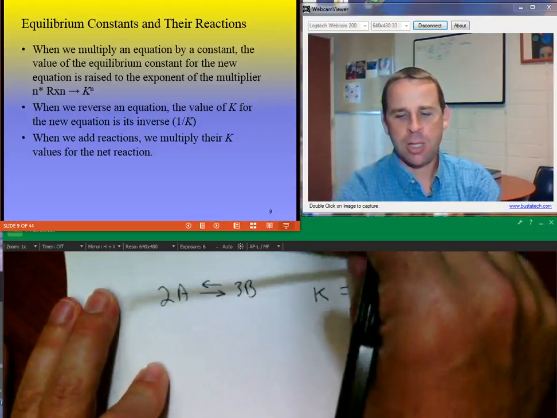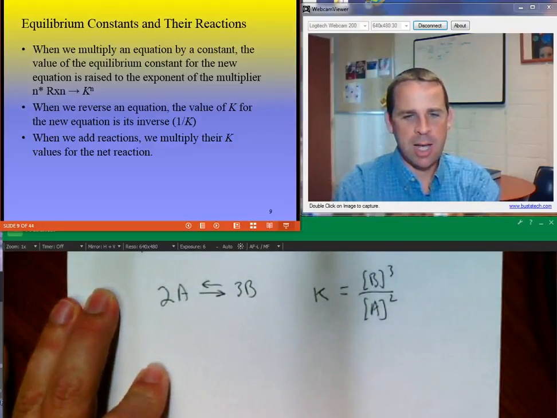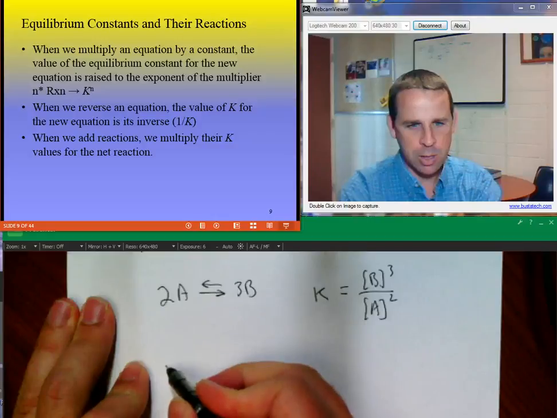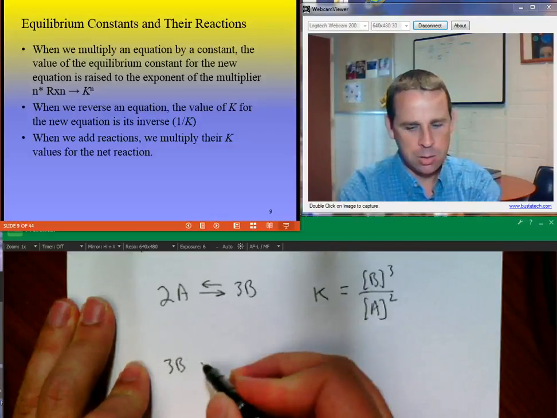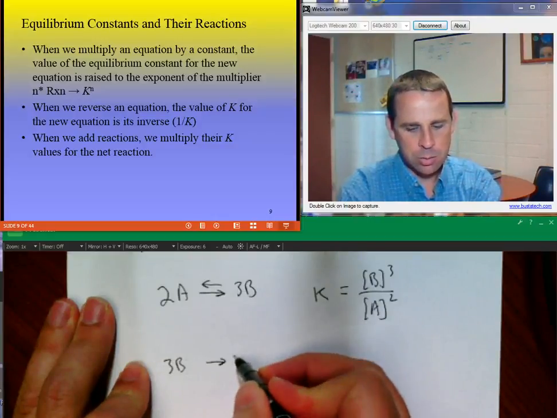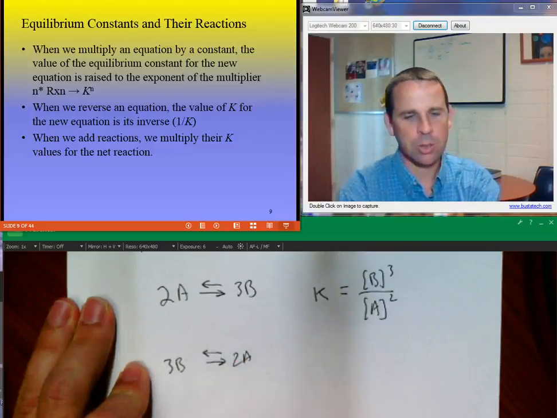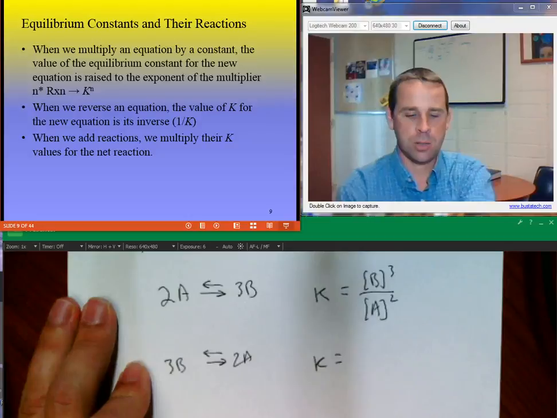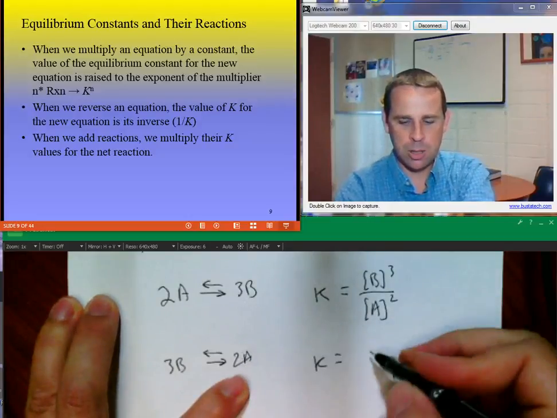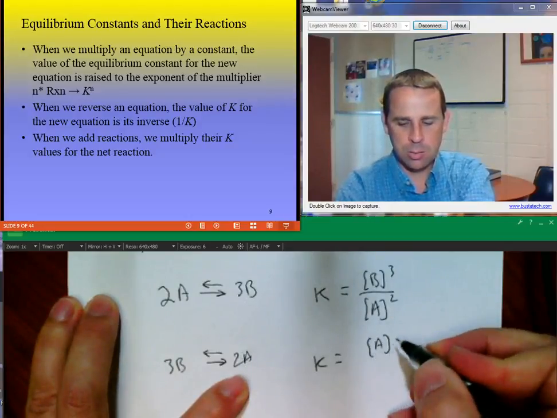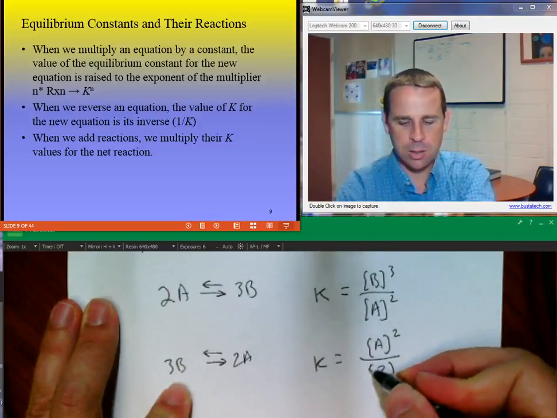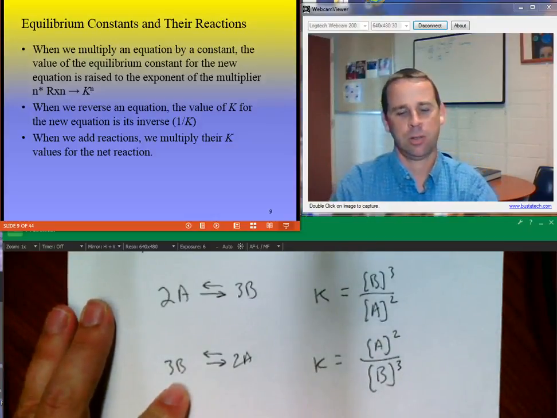Another thing that you have to become aware of is that if I take this chemical reaction and I draw it in the reverse way, so 3B going to 2A, and show that this is an equilibrium, the resulting K is going to be what? Products now, which are A, its concentration raised to its coefficient, over reactants, its concentration raised to its coefficient.